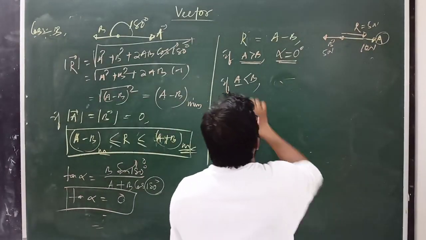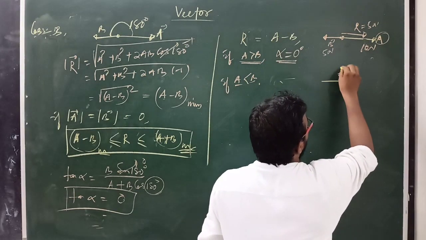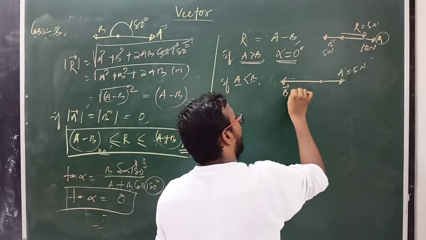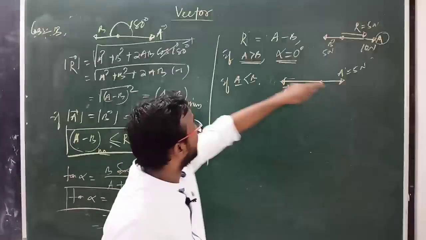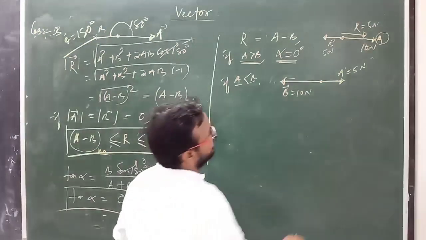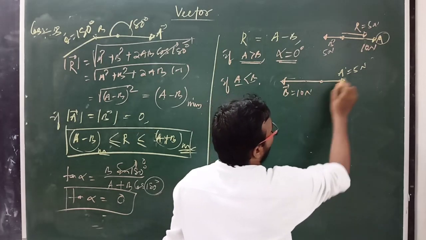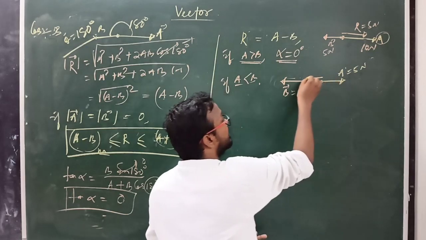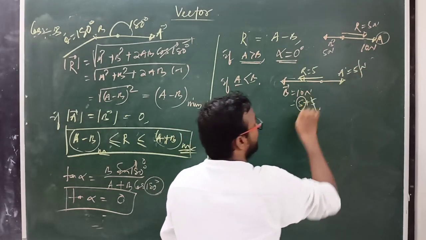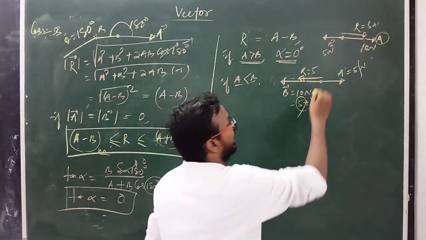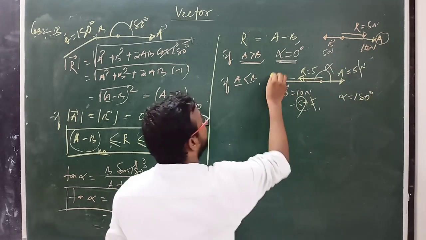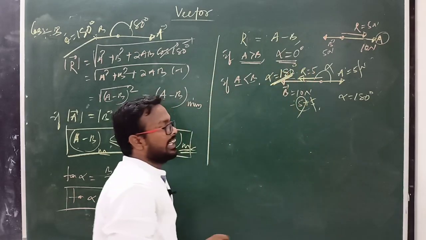So in this case, this is vector A and its magnitude is suppose 5 Newton, and another vector is B with magnitude 10 Newton, and the angle between them is 180 degrees, theta equals 180 degrees. So here 10 is in this direction and 5 Newton is in the opposite direction, so the resultant force will be in this direction, and the magnitude of the resultant is 5 Newton, because 10 minus 5 leaves 5 Newton towards B. And again the angle between A and the resultant, this is alpha, so alpha is 180 degrees. In this case we get alpha equal to 180 degrees.